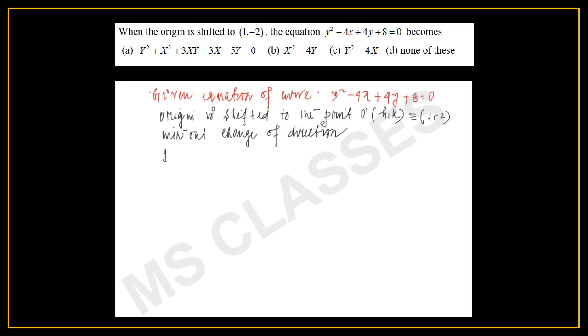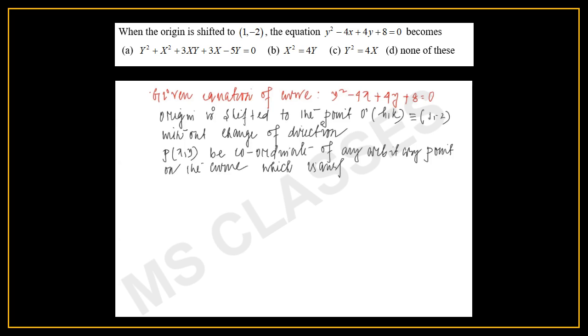Now P(x, y) is the coordinate of any arbitrary point on the curve, which transforms to P prime (capital X, capital Y).